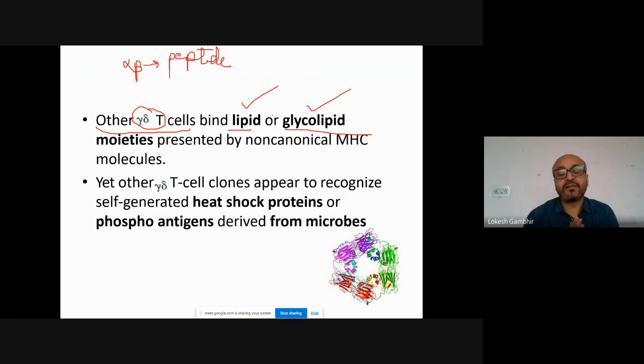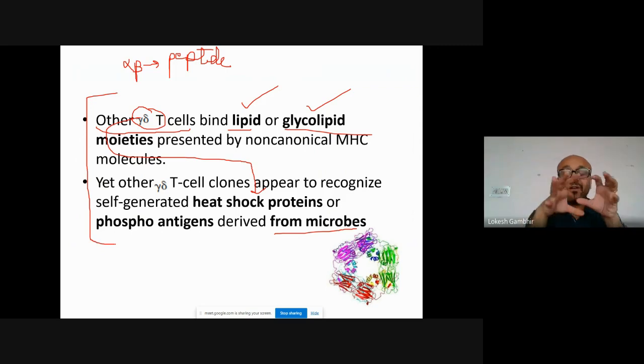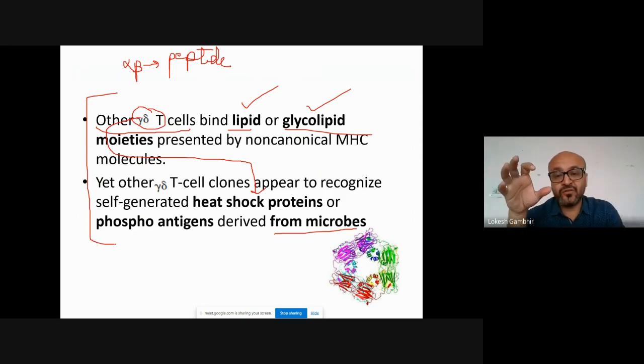And not only this, people have shown that these gamma delta T cells also target certain heat shock proteins. These heat shock proteins are our own proteins, so they have the potential to target endogenous antigens also, or phosphoantigens, which are phosphorylated and derived from microbes. So the spectrum or diversity in terms of recognition of any antigen is very vast in the case of gamma delta T cells.